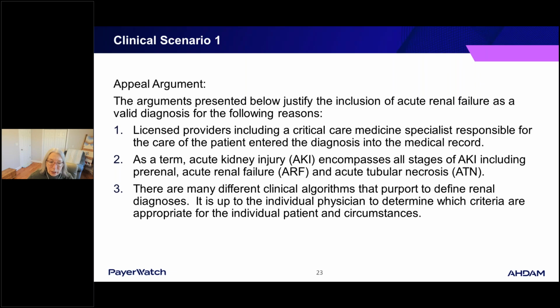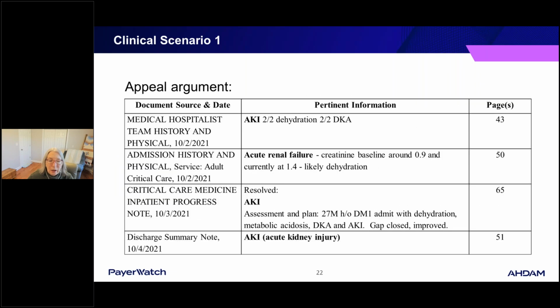As a term, acute kidney injury encompasses all stages of AKI, including pre-renal, acute renal failure, and acute tubular necrosis. So the documentation of AKI really encompasses the diagnosis of acute renal failure.